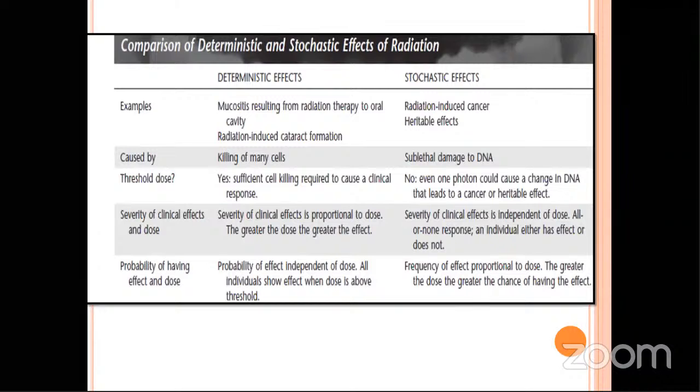So radiotherapy is a treatment modality to kill those fast dividing cells, and a particular amount of dose is given to kill the cancer cells. Those effects are called deterministic effects, and the side effects are mucositis, loss of hair, and certain conditions like osteoradionecrosis. Okay.